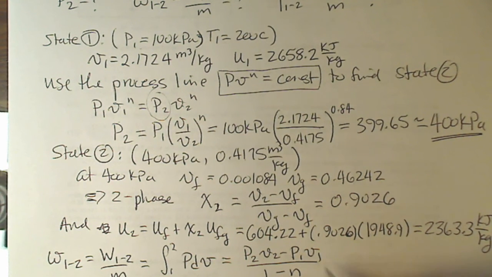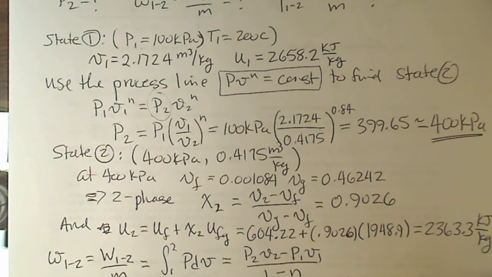Minus pressure 1 is 100, and specific volume 1 is 2.1724. And we've got to remember to divide this by 1 minus 0.84.